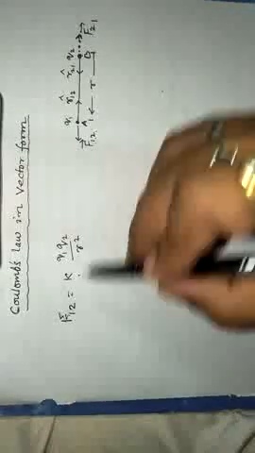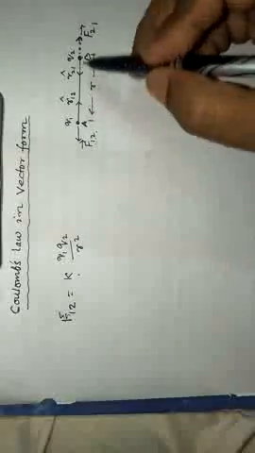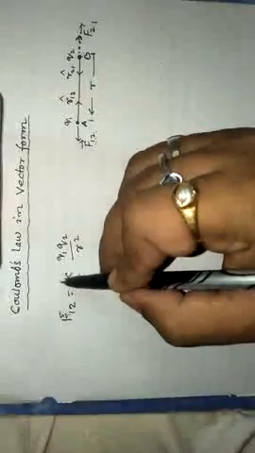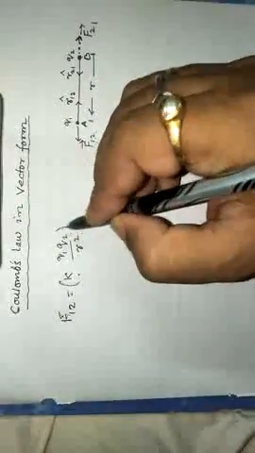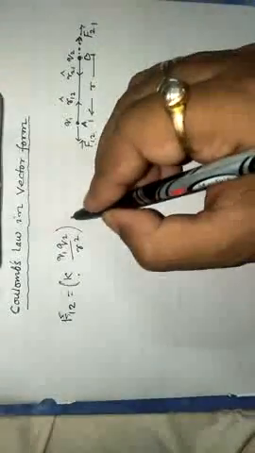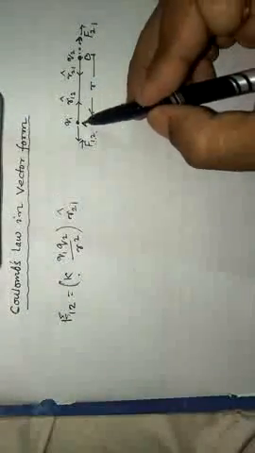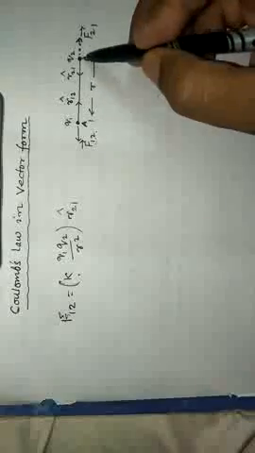Now you see the force F12 is directed away from q2. So this part is the magnitude and the direction is given by the unit vector R21 cap.